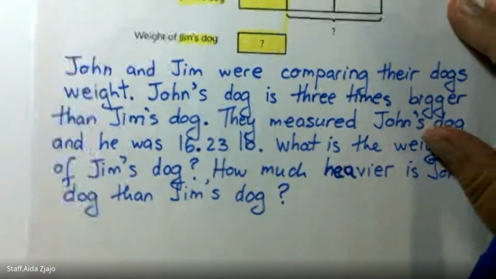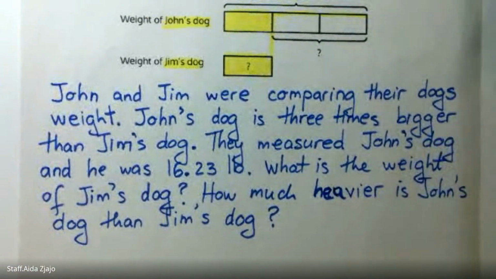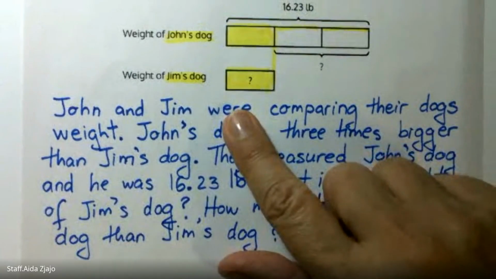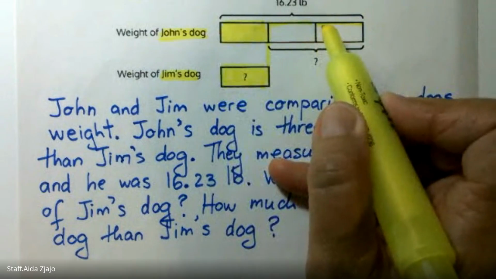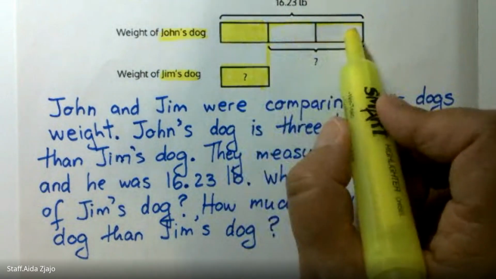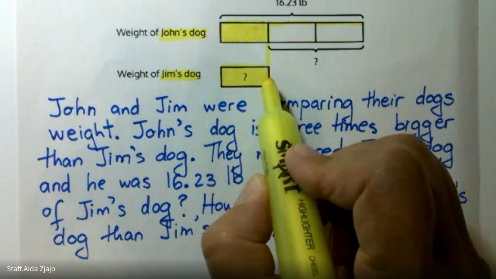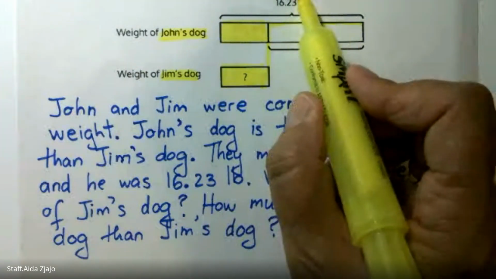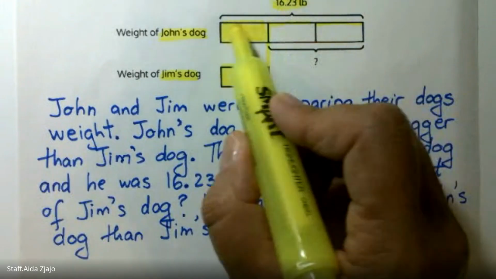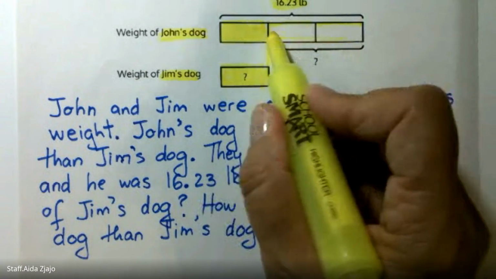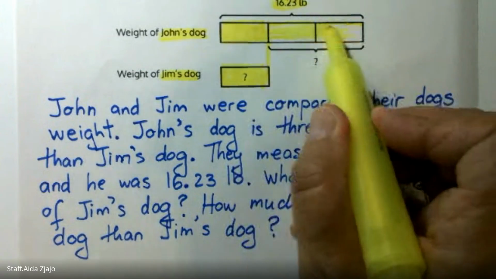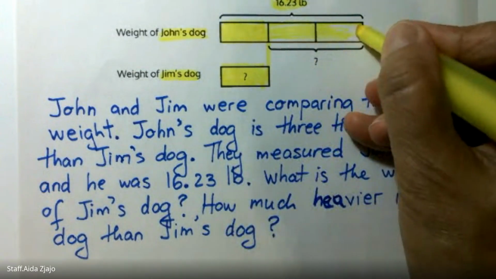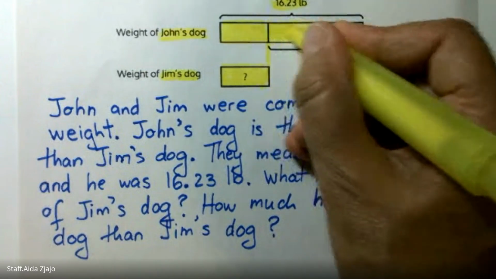So let's see. This was a picture of the story. They show you three parts that represent John's dog, which tells you this is 3 times greater than this. So if we know the total, we know the value of Jim's dog, and the total is 16.23.